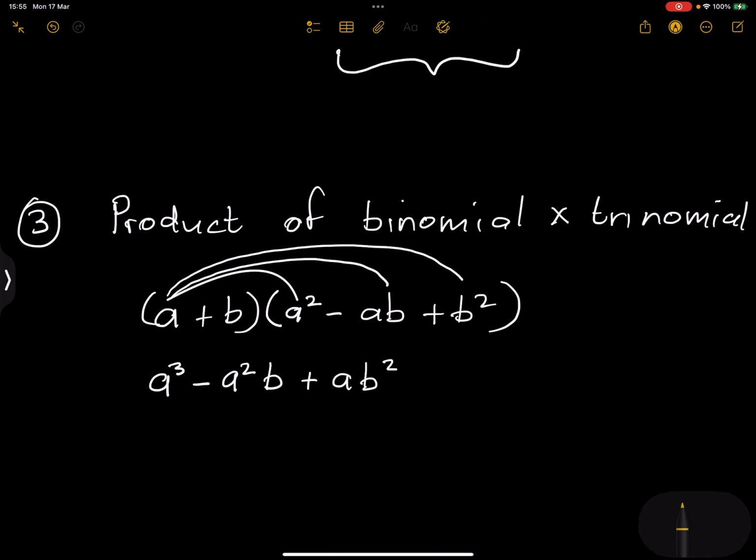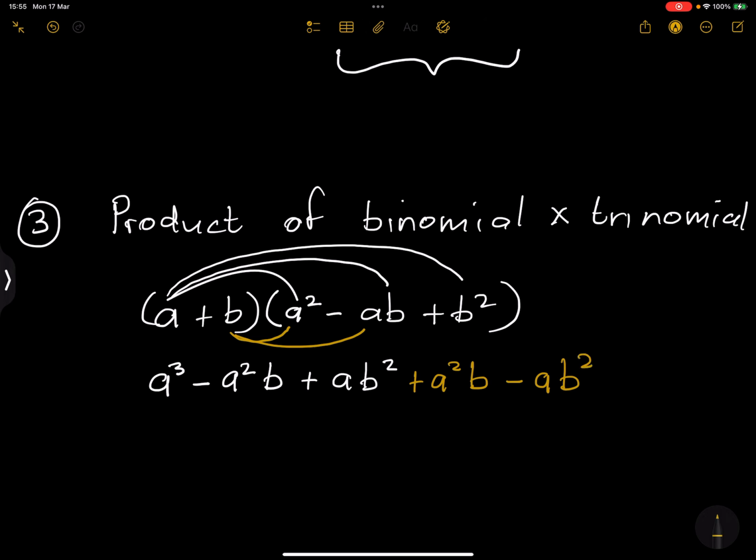So b times a squared, that will give us plus a squared b, and we've got b times negative ab, that will give us minus ab squared, and finally we've got b times b squared, that will give us plus b cubed.